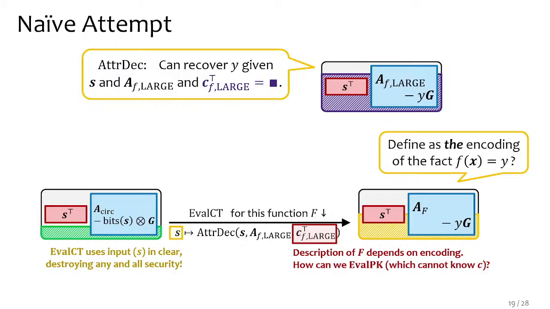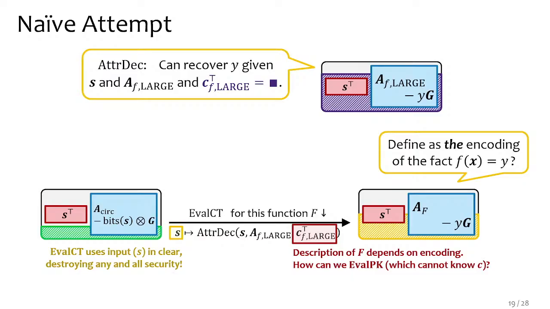The encoding happens after you compute the digest, or after you do the evaluation of the public key. Therefore, you cannot do any evaluation of the public key. Namely, you don't know what AF is if you don't see the encoding. And it's going to be a different AF for each encoding. So that's very bad.